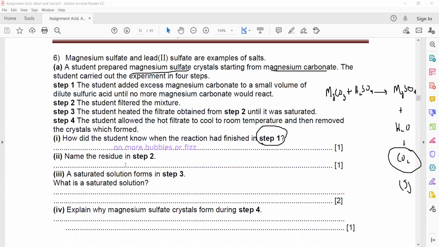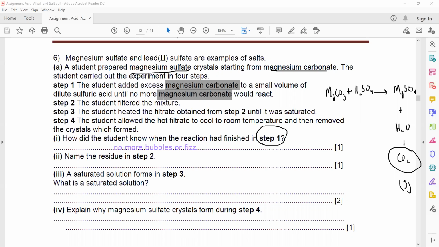Name the residue in step 2. What will be the residue? Look, he's adding an excess of magnesium carbonate. So he adds magnesium carbonate until no more magnesium carbonate reacts.